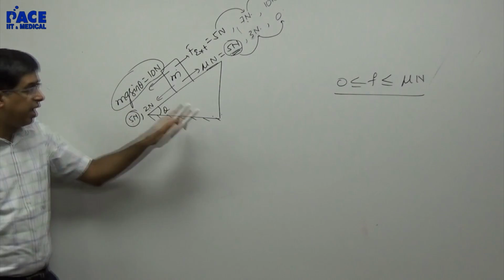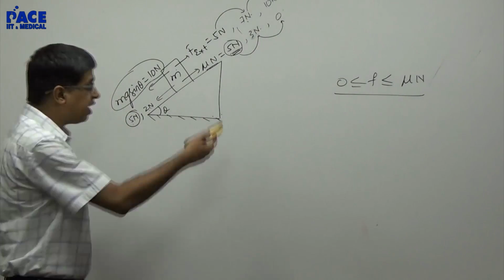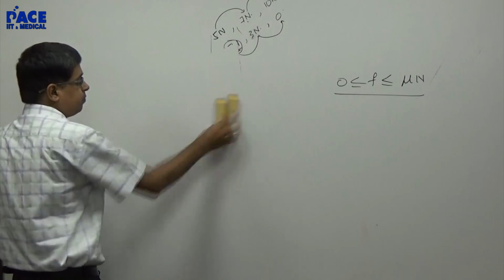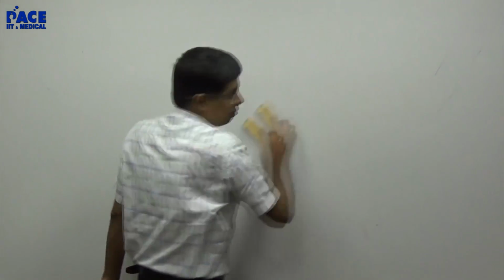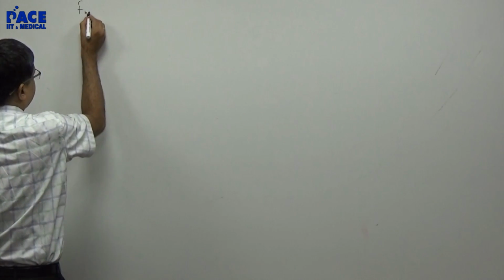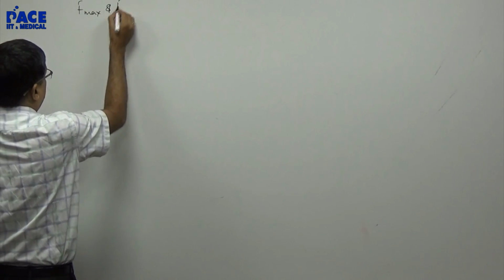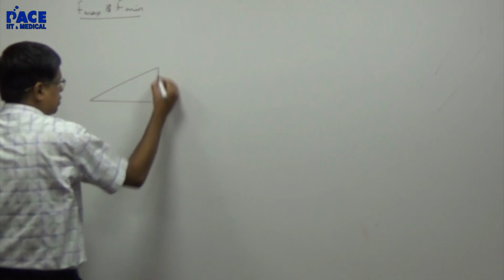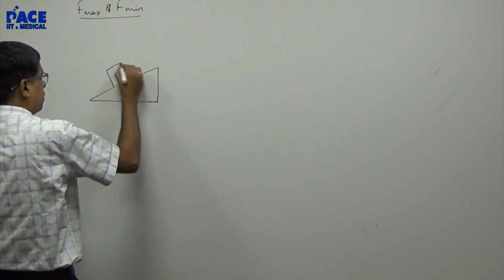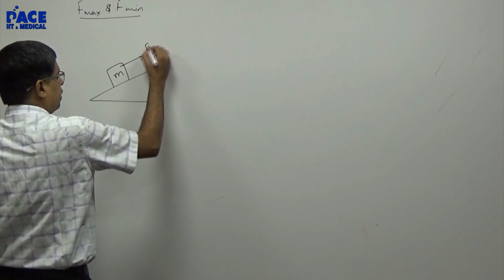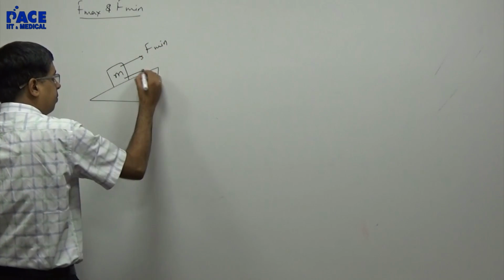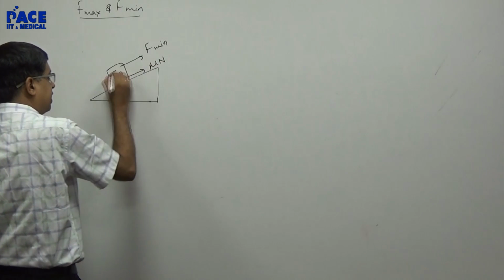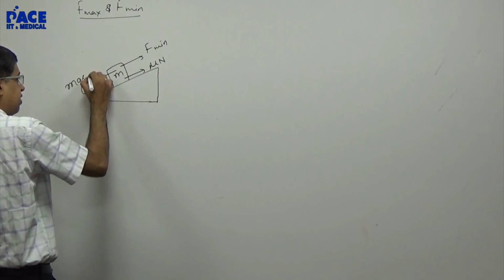Let me put the same thing in terms of symbols. Here I have taken a numerical example. Suppose I put it as symbol F maximum and minimum to keep the block at rest. This is small m. This will be F minimum when I have mu N acting this way, and this is mg sin theta.